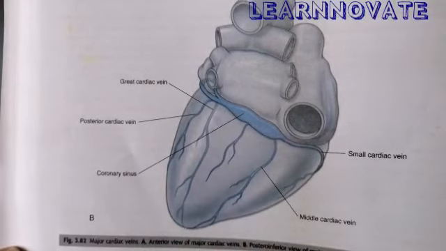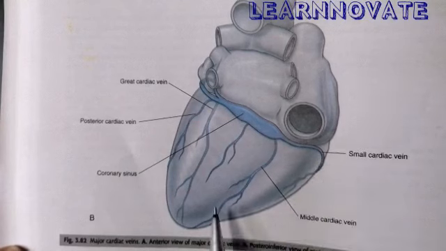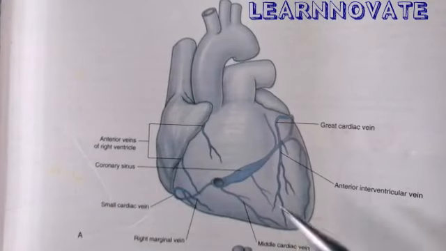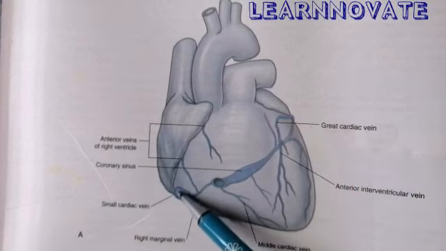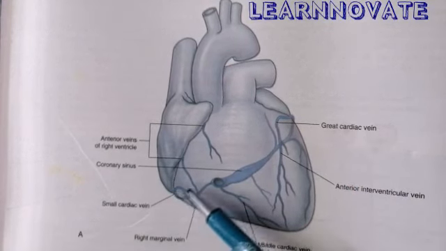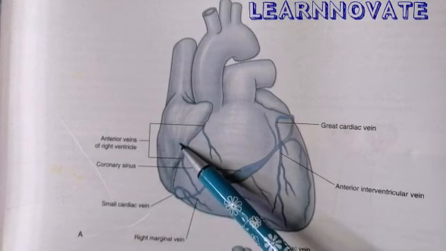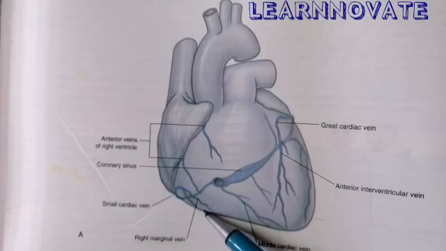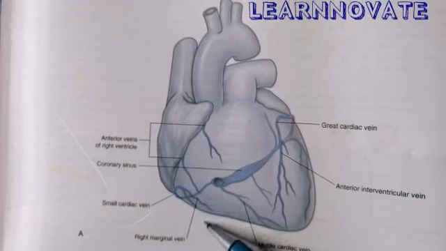So the last vein that remains is the small cardiac vein. This small cardiac vein is seen on the anterior side of the heart. The small cardiac vein is smaller in size than the other cardiac veins. It starts at the level of the coronary sulcus between the right atrium and the right ventricle. From here, this small cardiac vein is going to pass on the lateral side of the heart, and it is going to enter posteriorly.